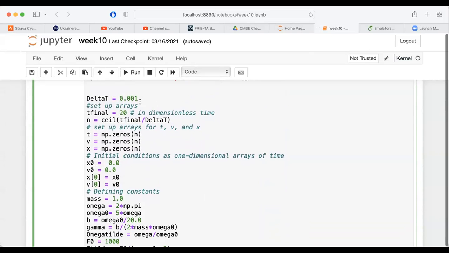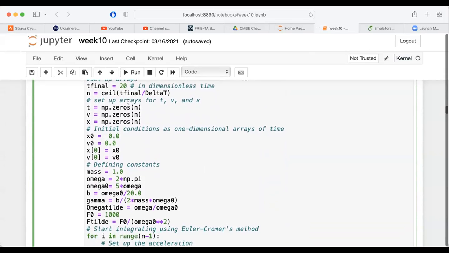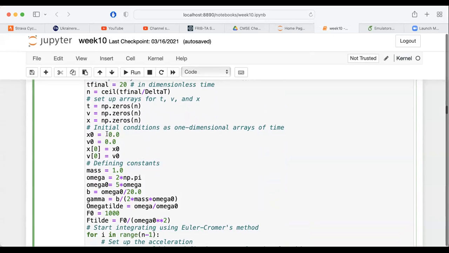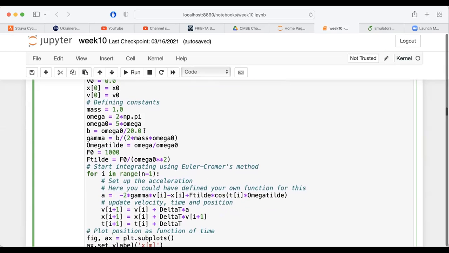So we are setting up this 0.0 delta t, that's the time step. And now I put up a final time, which is 20 here. And you're going to notice a small problem here. Then I put the initial conditions, initial position and velocities to 0. I put the mass to 1. I define omega to be 2 times pi, omega 0, as we wrote down on the whiteboard. So these are basically the input variables which we need to set up.